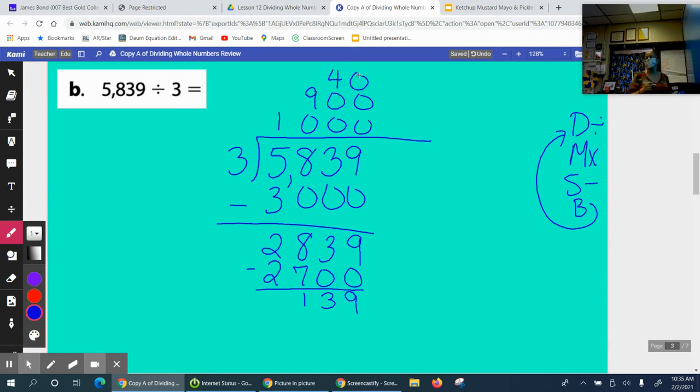All right, 40 times 3? 120. And if you use different numbers, it's okay if they added up to be the same. Hold on, some of your numbers may be different. Remember, with partial quotients, if you use different numbers and they added up to be the same, it's still okay because we're still learning.